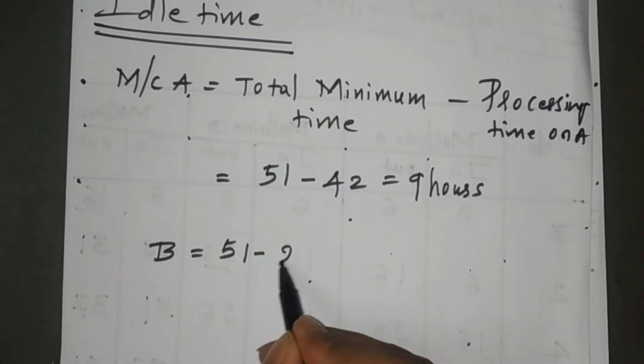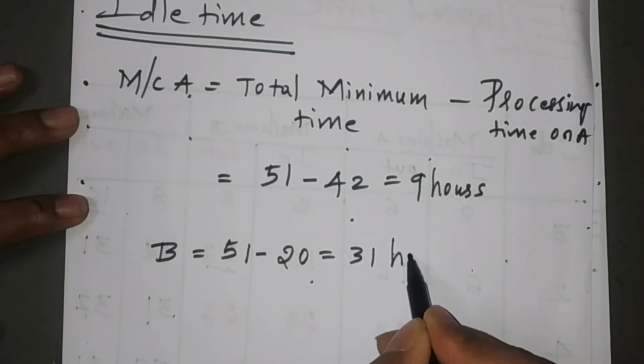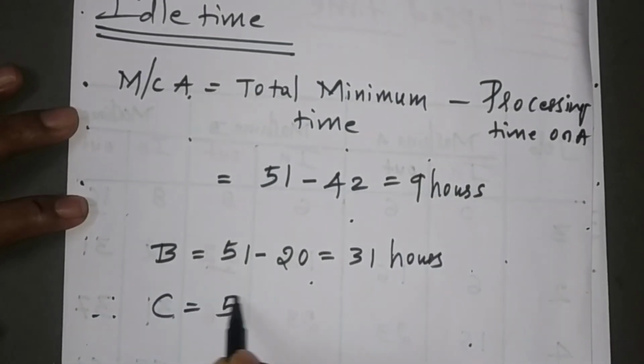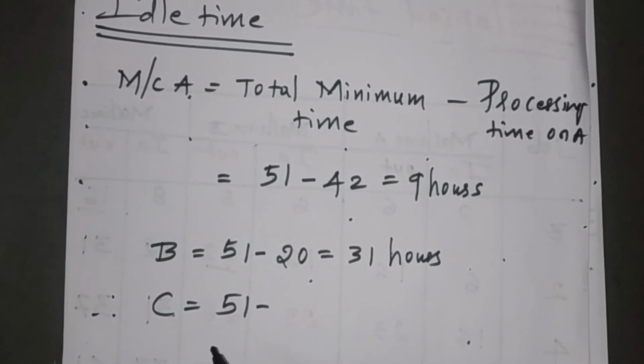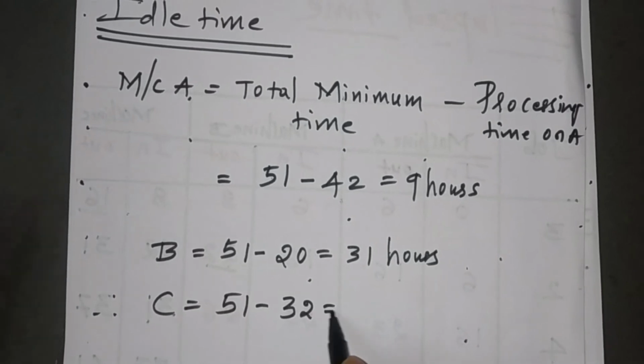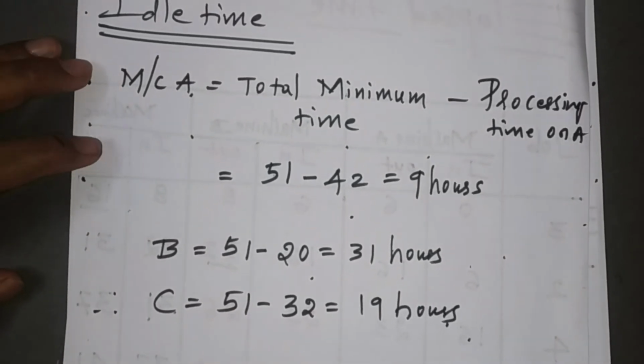So I'll subtract the 20 from this. So I'll get 31 as my idle time for machine B. Similarly, for C, 51 minus the processing time on machine C, which is 32. If I subtract 32 from 51, I'll get 19 hours of idle time for machine C.